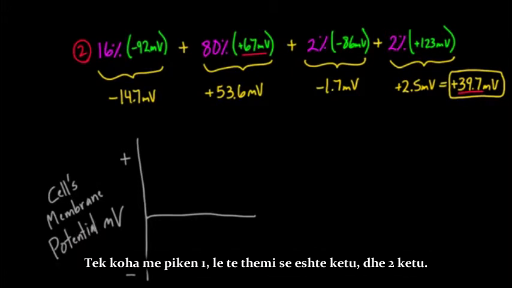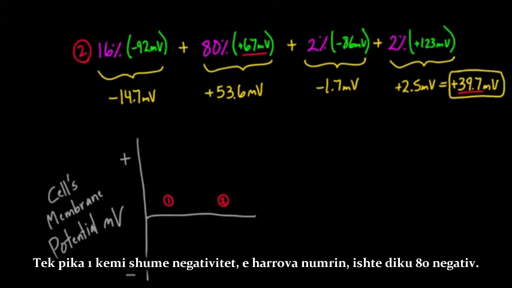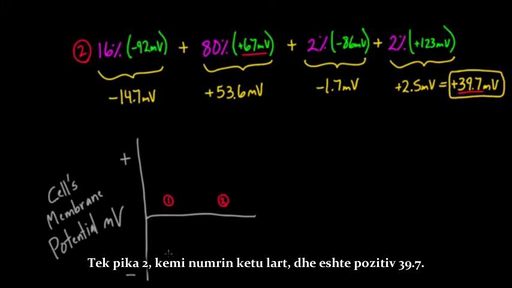So at time point 1, let's say time point 1 was right here, and time point 2 is right here. At time point 1, we had a very negative, I forget the number, I think it was like negative 80 something. I'll just say it was negative 86 or something down here. And then at time point 2, we had a number up here.